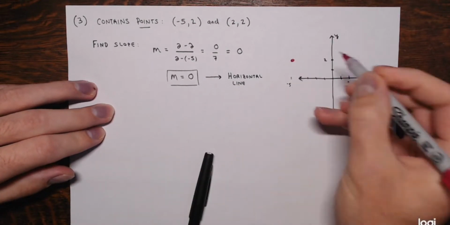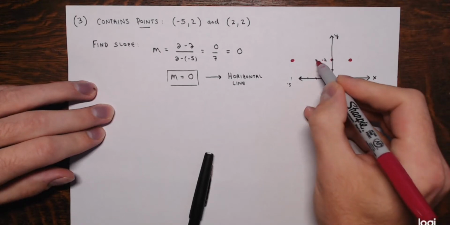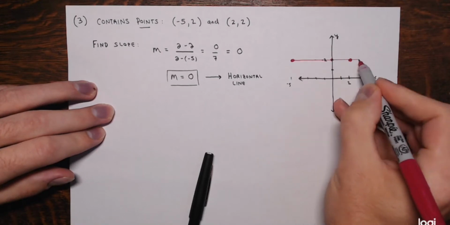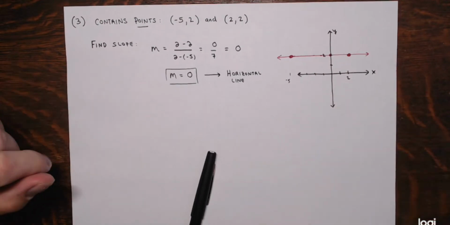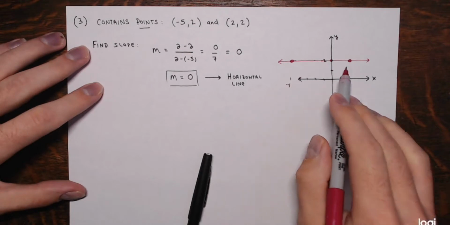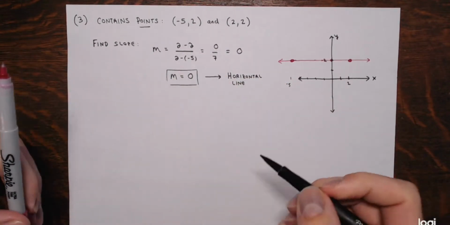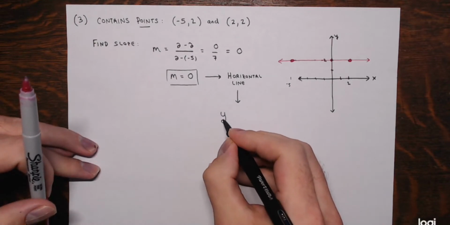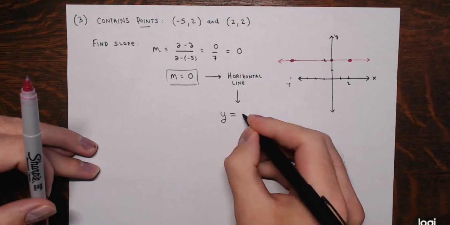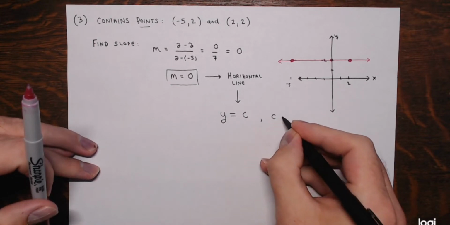And you know what else would be on the line? 0, 2, and negative 1, 2, and negative 2, 2. All these points here, it's a horizontal line. But every single point has the same y coordinate. So the equation of a horizontal line is y equals some number, y equals c, where c is a constant.